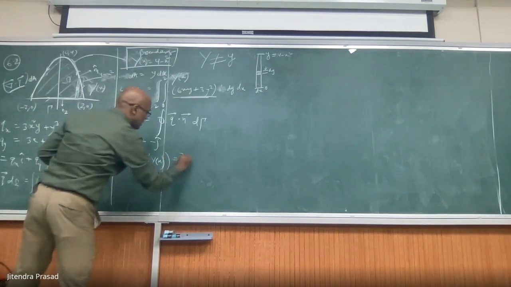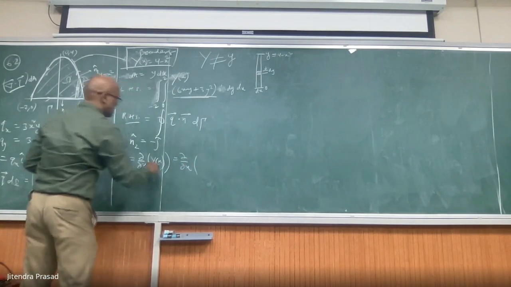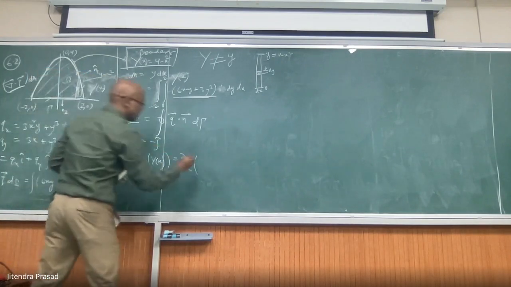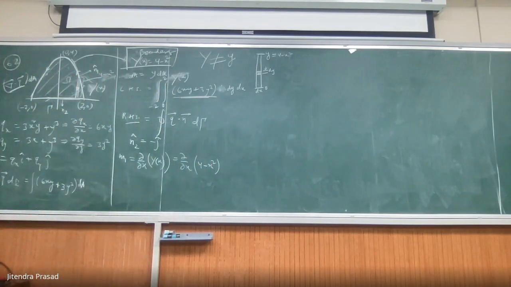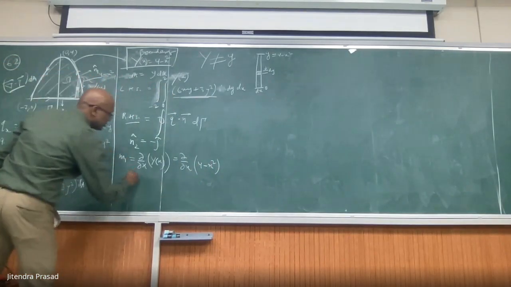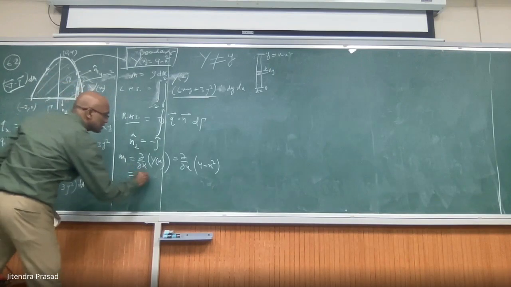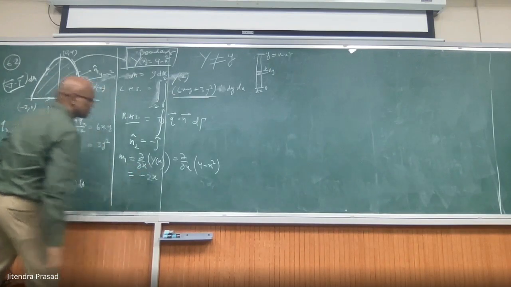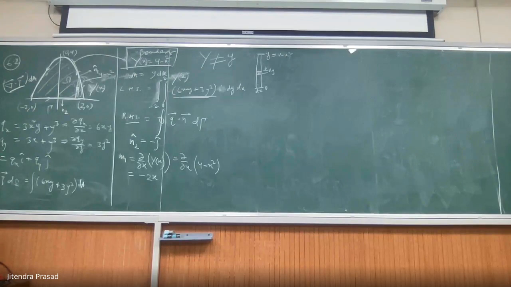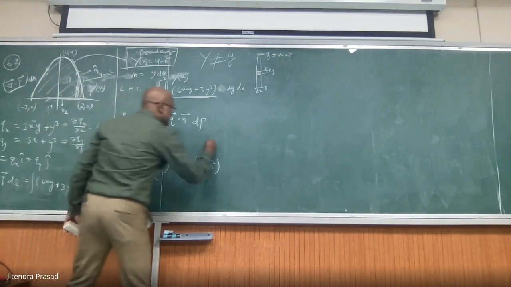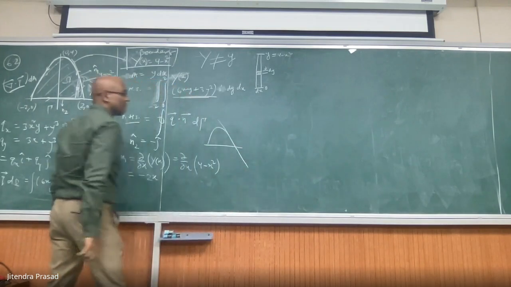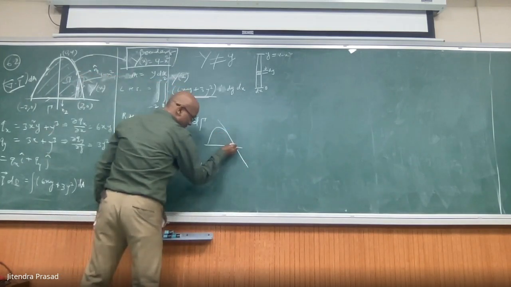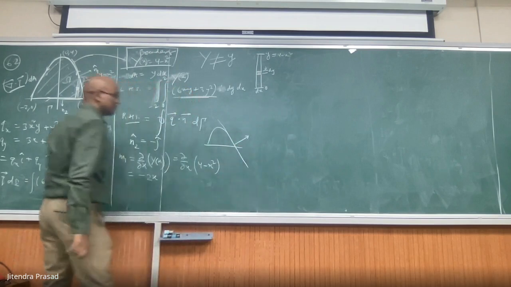And this is equal to del over del x of y, where y is 4 minus x square, which is equal to minus 2x, right? Which slope is it? This is this slope. But n is perpendicular to this, like this one.